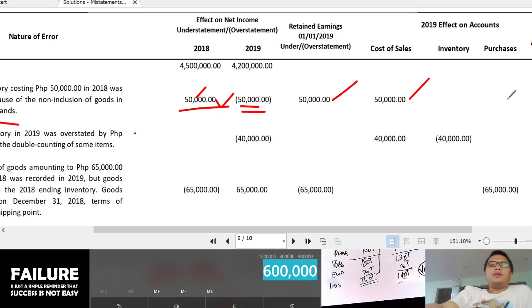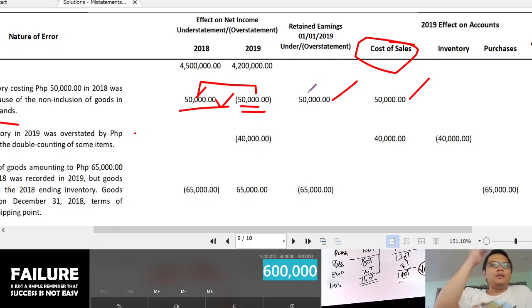Remember na yung focus natin dito sa correction is that inventories that relate to your cost of sales, hindi yung inventory na pinipresent natin sa balance sheet. So, yung adjusting entry natin should focus on your cost of sales.